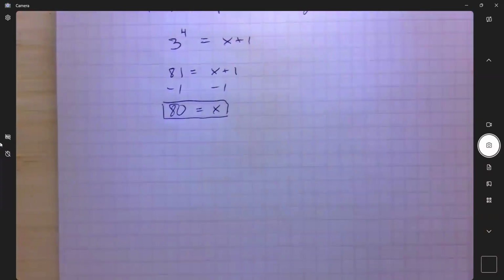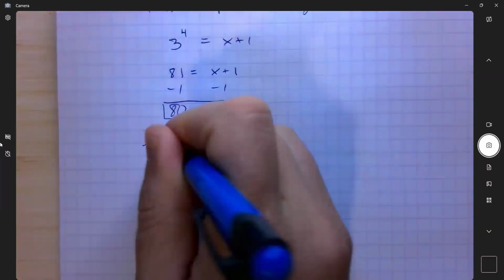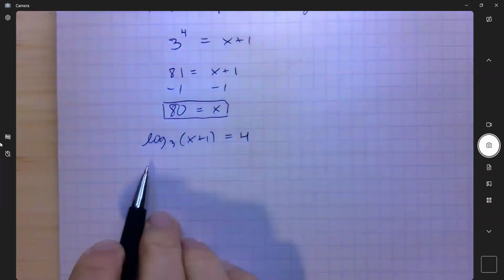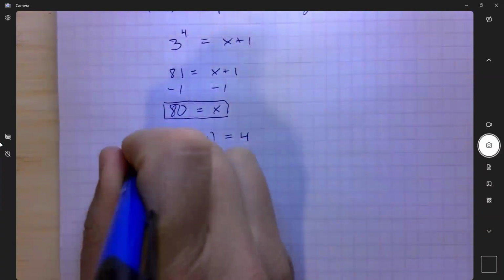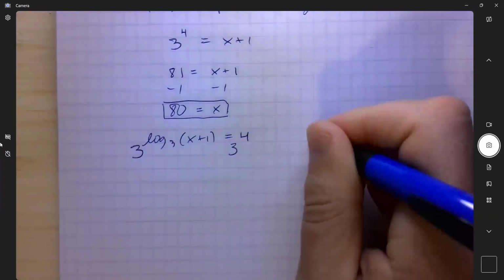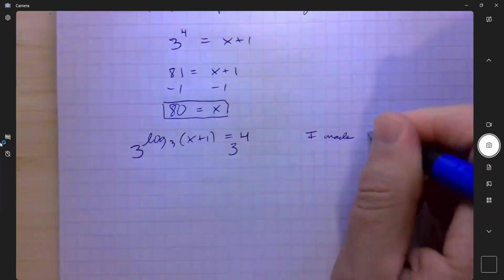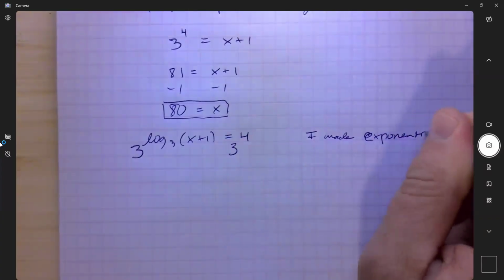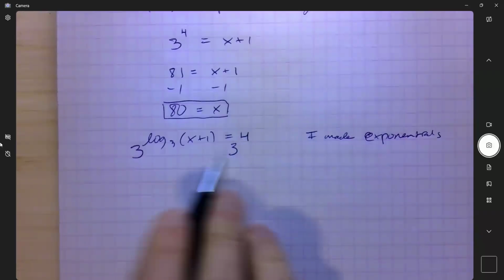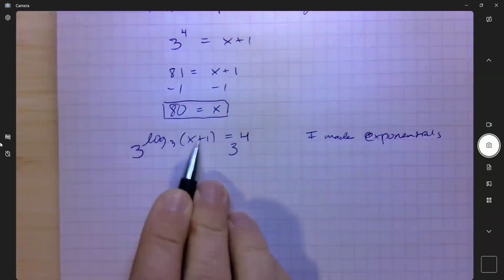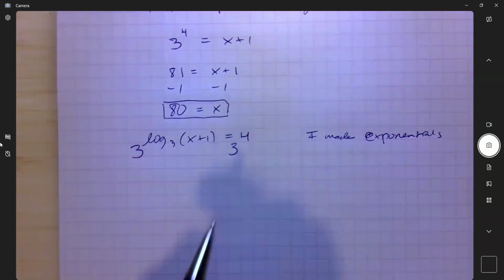And I could do this another way. I could solve log base 3 of x plus 1 equals 4. My shorthand way for this is just, let's stick them both up in a power, because remember, a logarithm is a power. So I made exponentials. What I did is I made it 3 to the log base 3 of x plus 1 equals 3 to the 4.